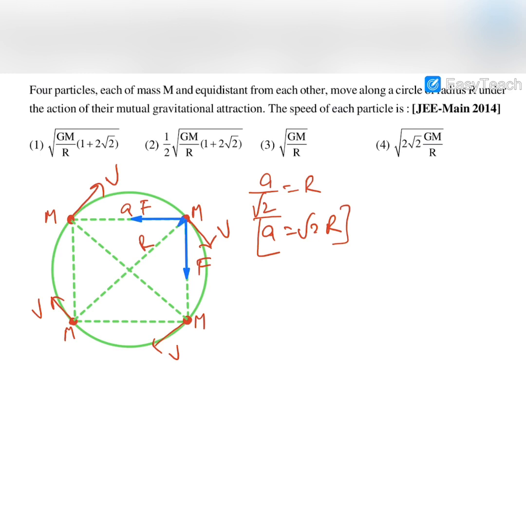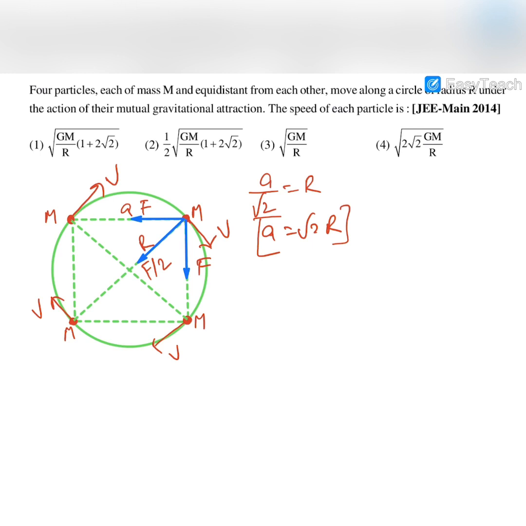This is because F is G m m by a square, and F by 2 will be equal to G m m by root 2 a square, which is 2 a square. So there would be a factor of 2 in the denominator. So this is the net force.